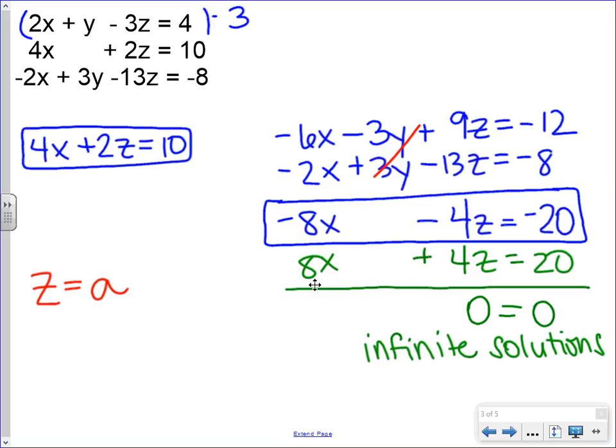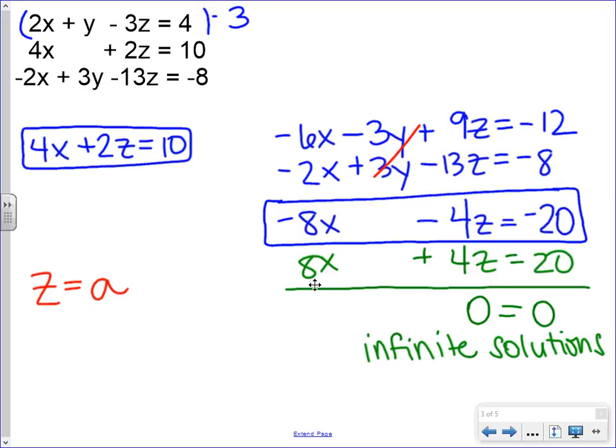We're going to describe what each coordinate looks like on this line that they're intersecting at. So I'm going to pick z to be a. Which variable should we express next? X or y? X, because it is in our 2 variable system.